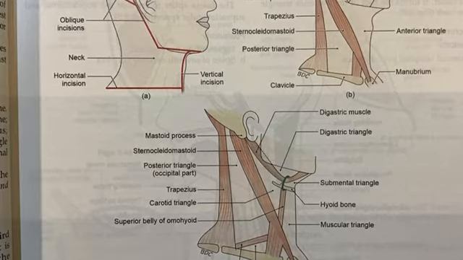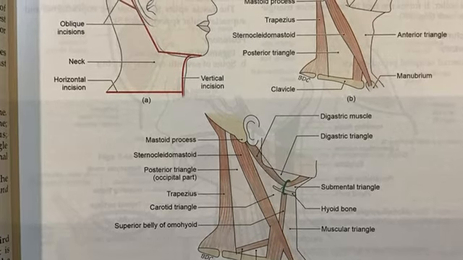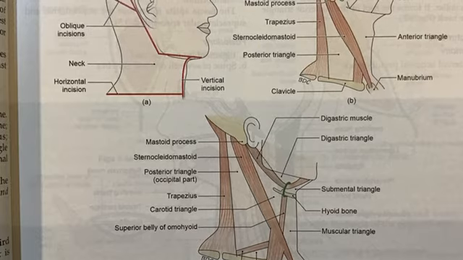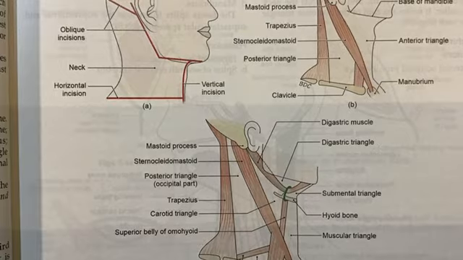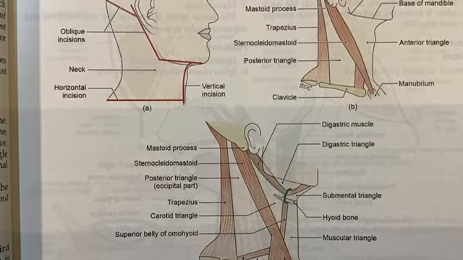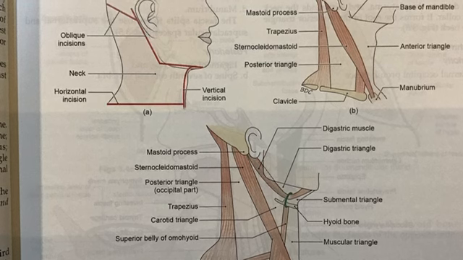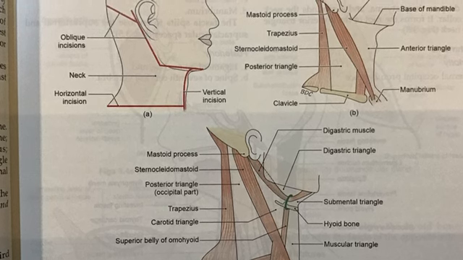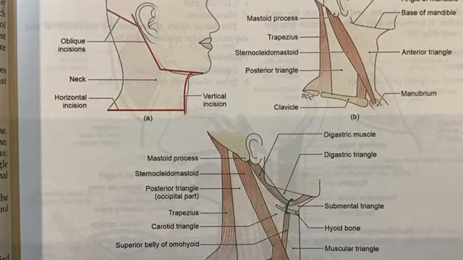The boundaries of the anterior triangle are the base of the mandible, the anterior line of the neck, and the anterior part of the sternocleidomastoid. The posterior triangle is bounded by the posterior part of the sternocleidomastoid, the trapezius muscle, and below, the clavicle. Then again, each triangle is further subdivided.